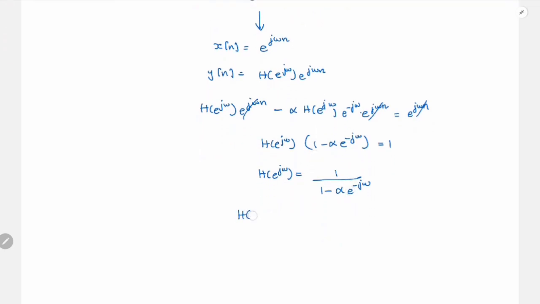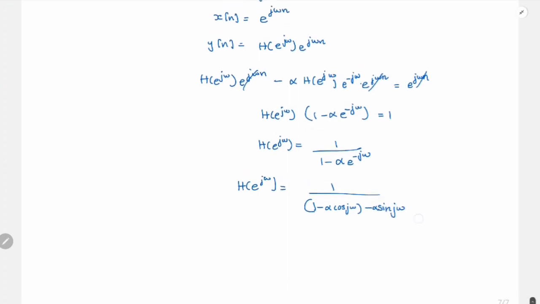So this I can write out as h of e power j omega is equal to 1 by 1 minus alpha cos omega plus j alpha sine omega, right?